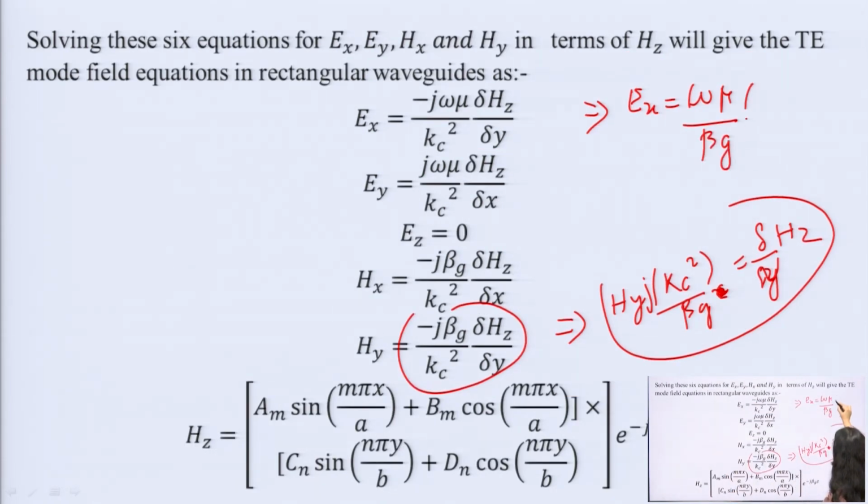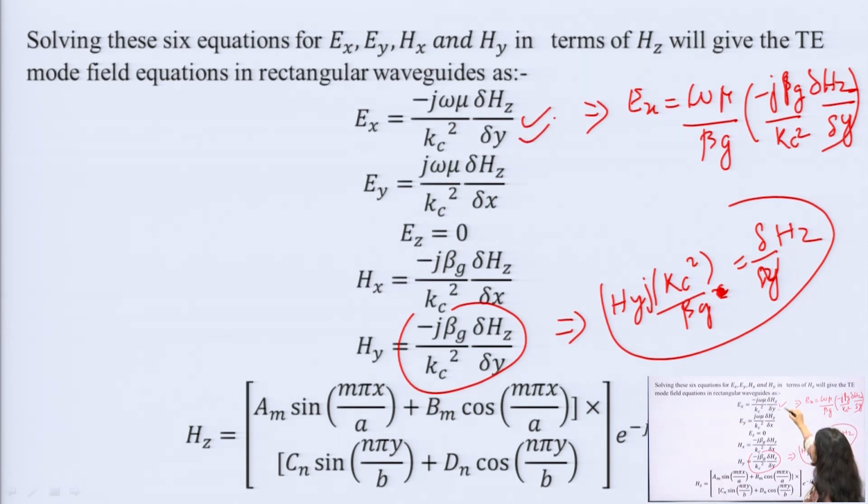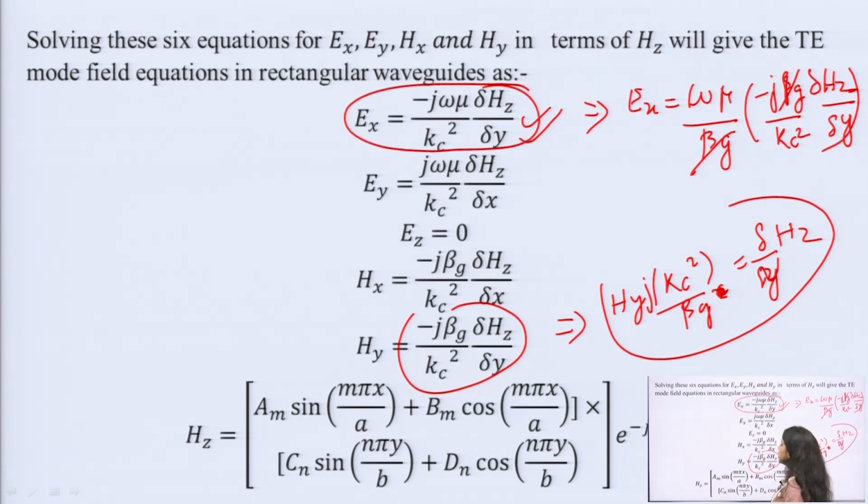So, we can have the expression of this one here. Now you are able to see that we are able to get this expression on solving. Jg beta g cancel, minus j omega mu upon Kc square. So, now we have Ex and Hy in terms of Hz.